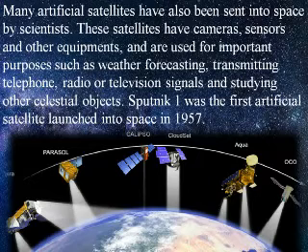Sputnik 1 was the first artificial satellite launched into space in 1957.